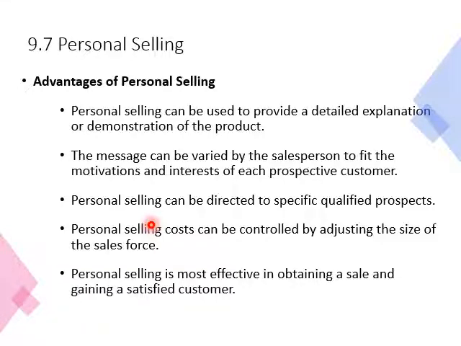Personal selling costs can be controlled by adjusting the size of the sales force. So if you have a lot of budget, you can hire more salespersons, or sales force. But if you don't have a lot of budget, you can reduce your cost by hiring just a few. And personal selling is also most effective in obtaining a sale and gaining a satisfied customer.